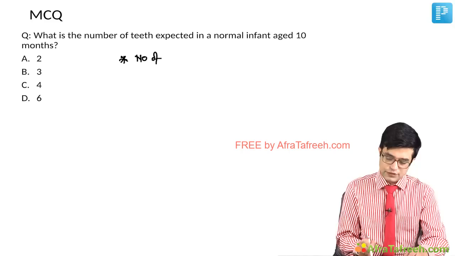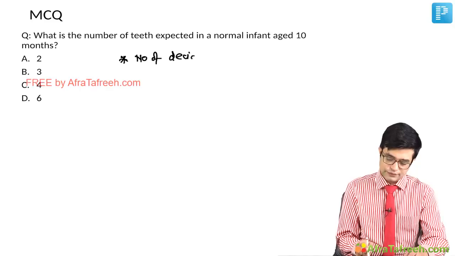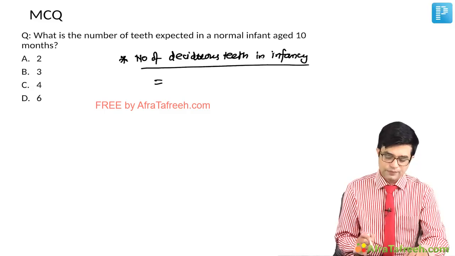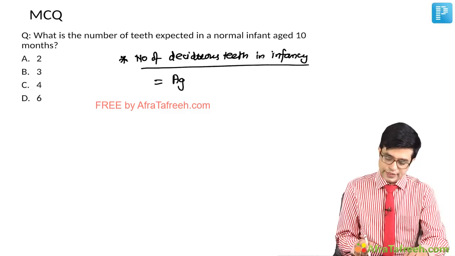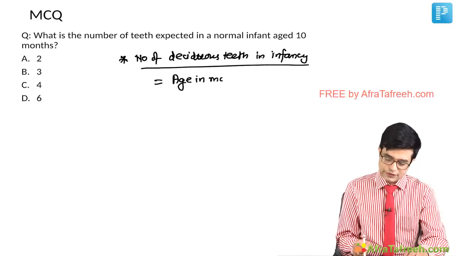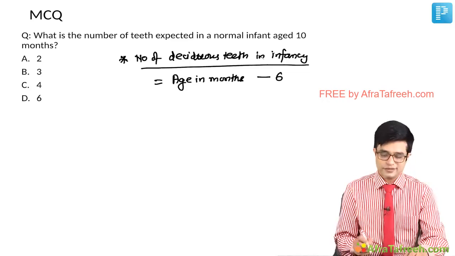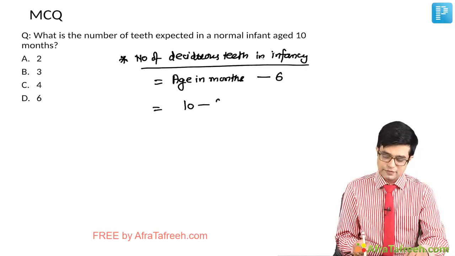Number of deciduous teeth in infancy is given by the formula: age in months of that child minus 6. So what is the age here? It is 10 minus 6, so the answer is 4.